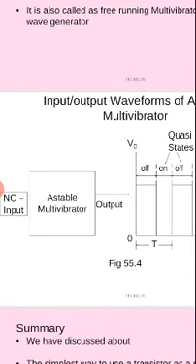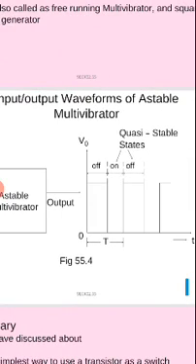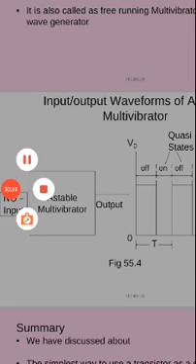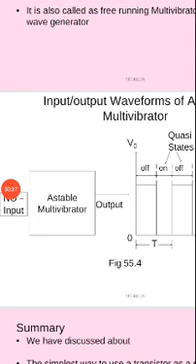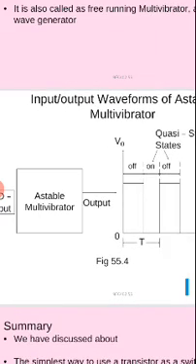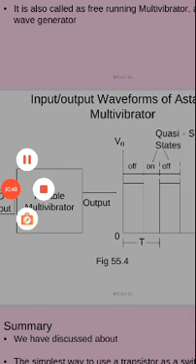No input is given, but output is there. It gives continuous off and on states. It has two quasi-stable states. It has no stable state.